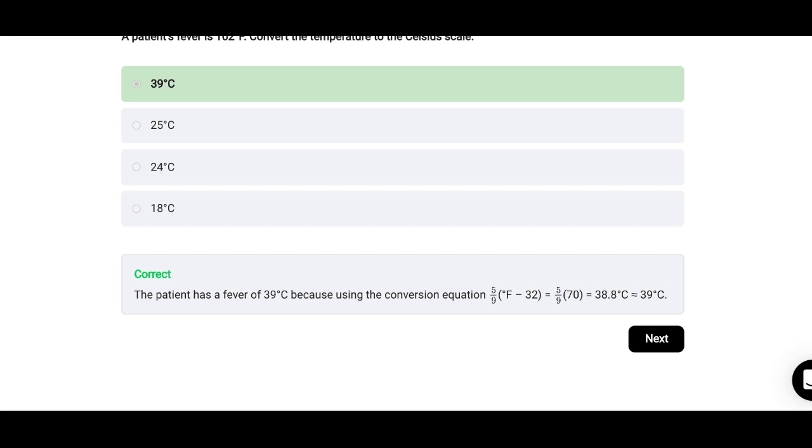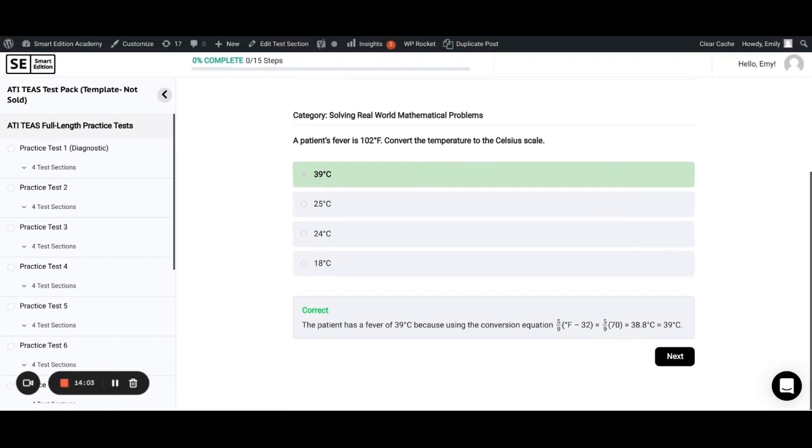And then you would simplify, and you would multiply. The answer is 38.8 degrees, and you would round that up, which is how you get 39 degrees Celsius.